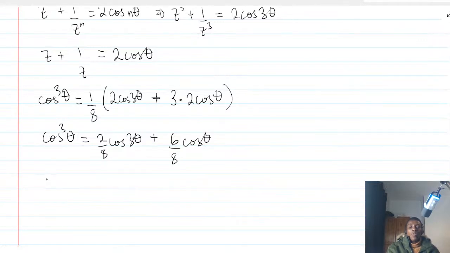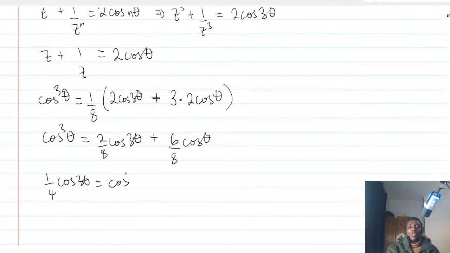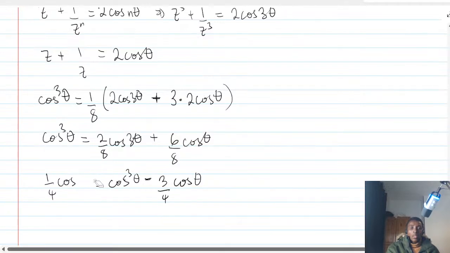So if I solve for cos 3 theta, then 1 over 4 cos 3 theta will be equal to cos cube theta minus 3 over 4 cos theta. All right.